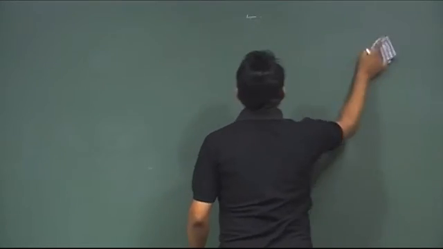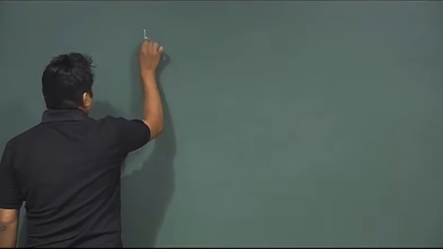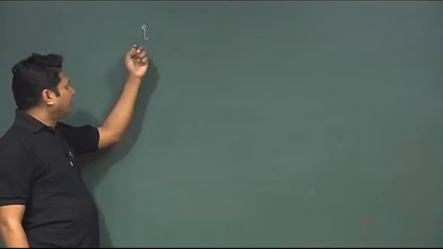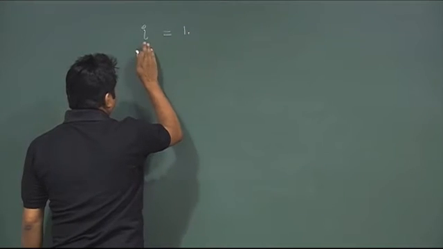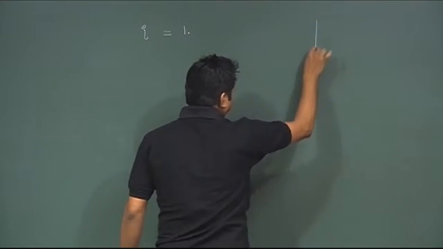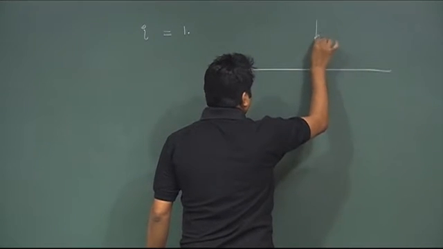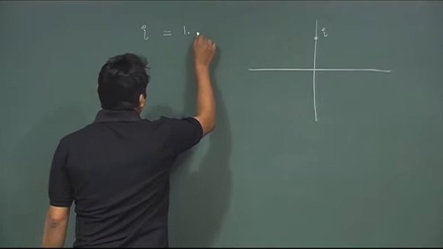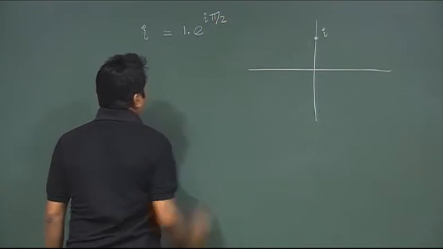We will come to this point once again, but before that, let me write what is the point i. How to write i in terms of r theta form? It is 1, obviously the magnitude is 1. So, where is i located? i is located here. So, it will be e to the power of i pi by 2.